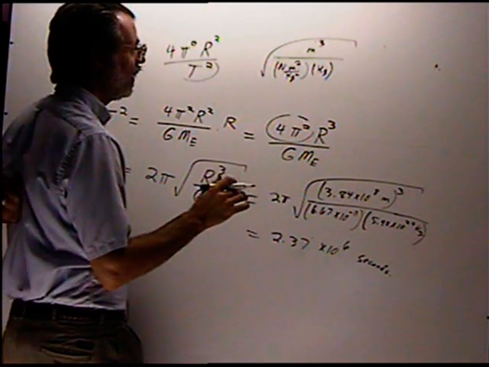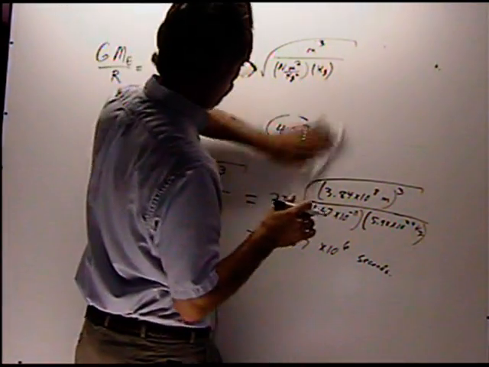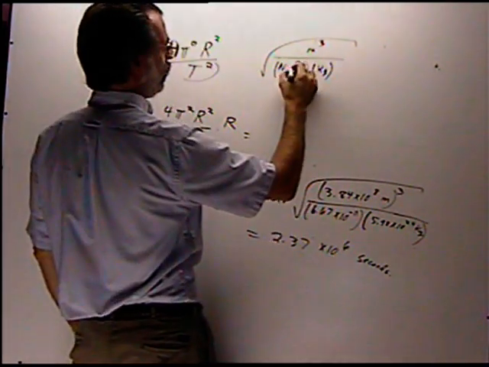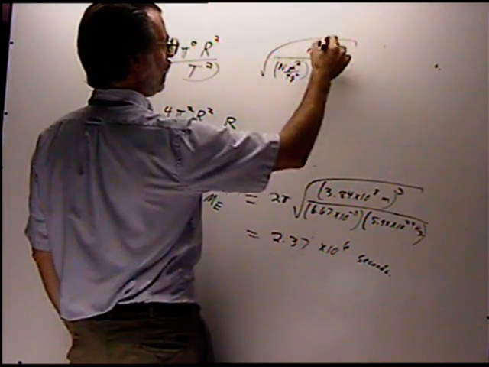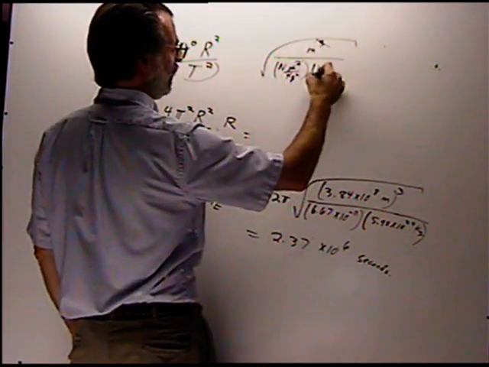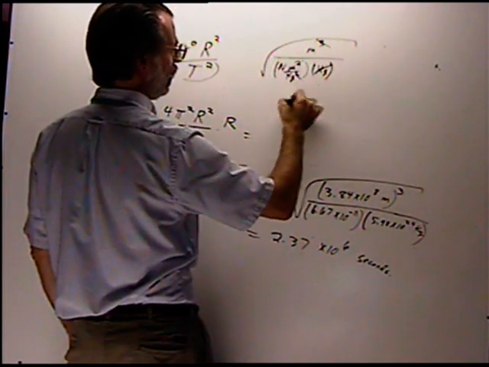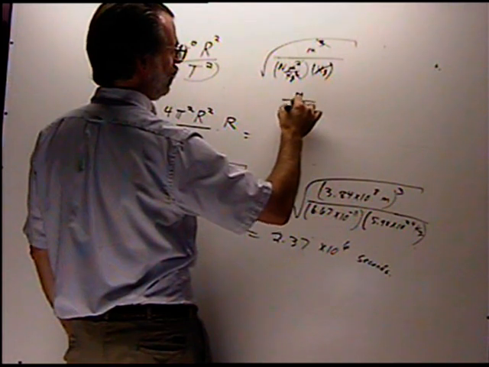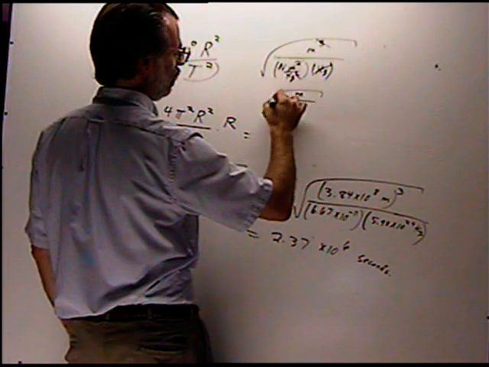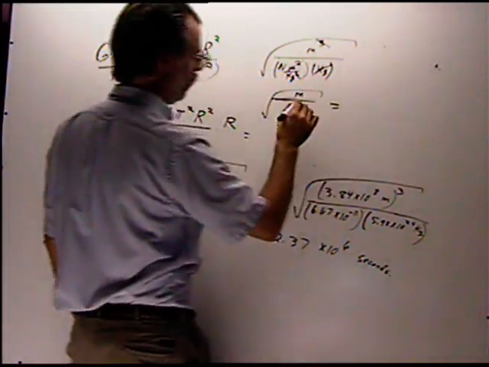So this becomes, 2 of these meters cancel out with 2 of those. That kilogram cancels out with 1 of those, and what we're left with is meter divided by Newton divided by kilogram, square root of. Okay, that looks a little confusing, but let's work with it.